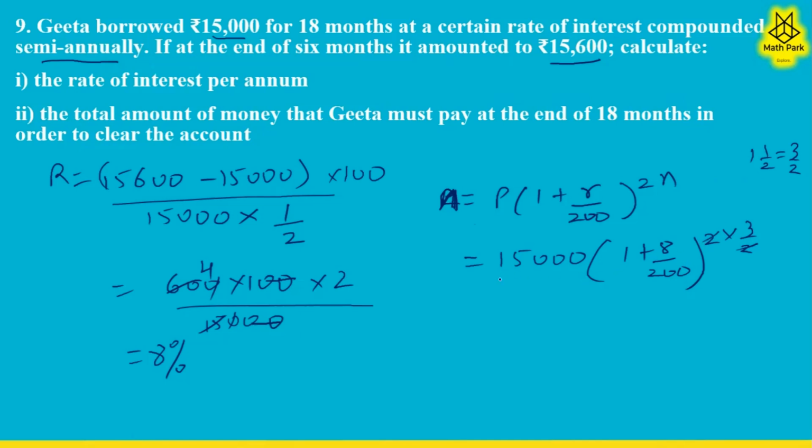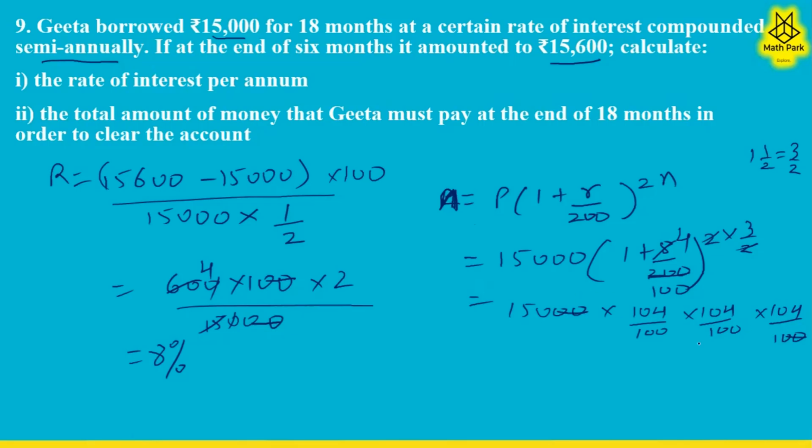So if I simplify, 8 upon 200 is 4 upon 100, and keeping the denominator 100 is always easy. So we have 15,000 into 104 upon 100 into 104 upon 100 into 104 upon 100.